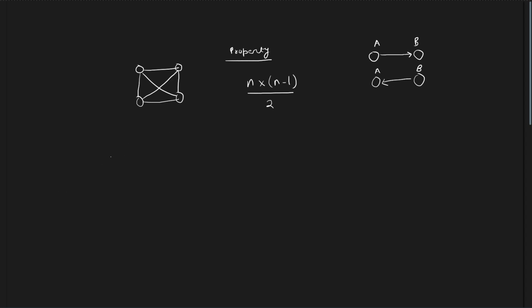Now what you will do is, for example, you have been given some nodes like this. For example, if this is a connected component and this is another connected component and this is some other connected component, right?